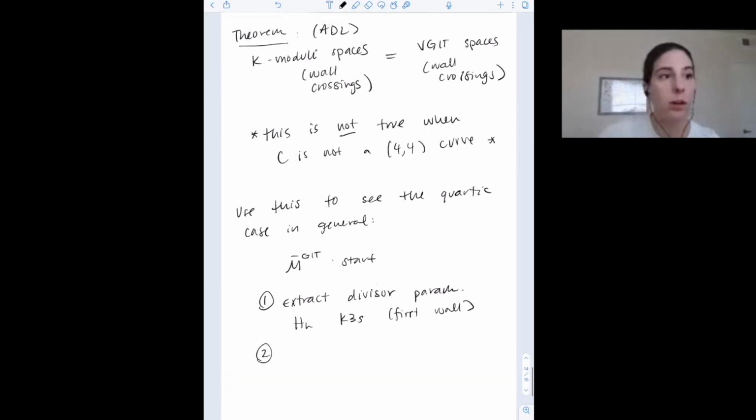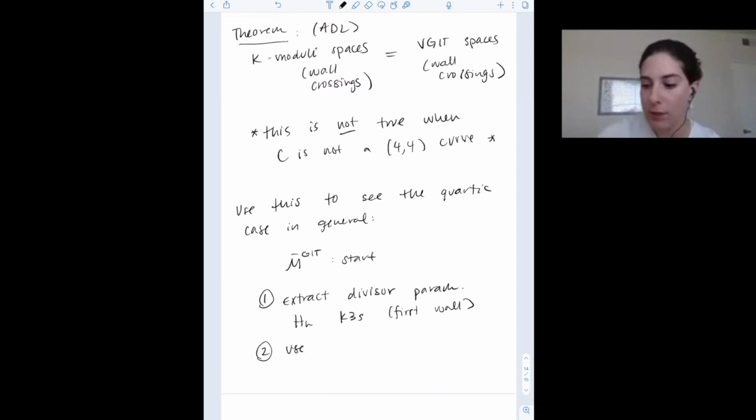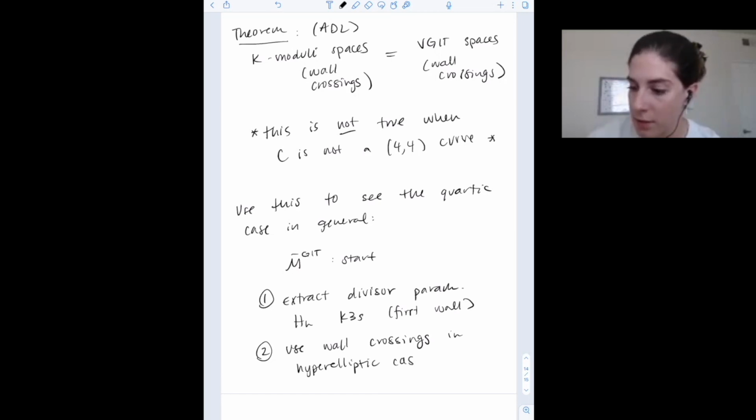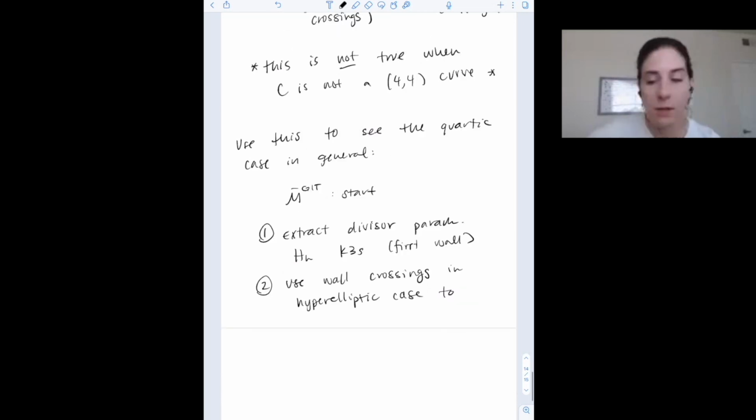We use the wall crossings of Laza and O'Grady in the hyperelliptic case to find all walls, I'll put this in quotes, intersecting this locus.